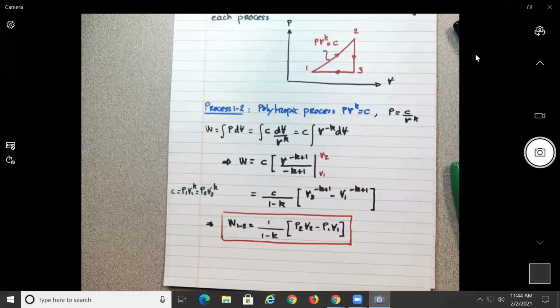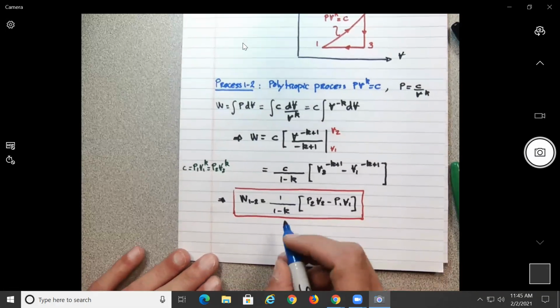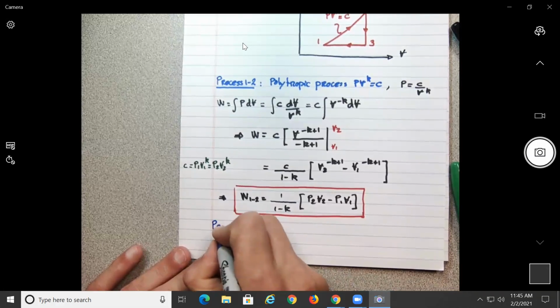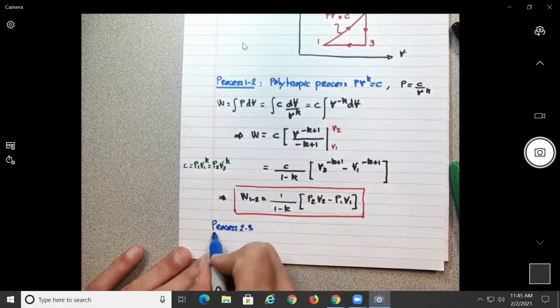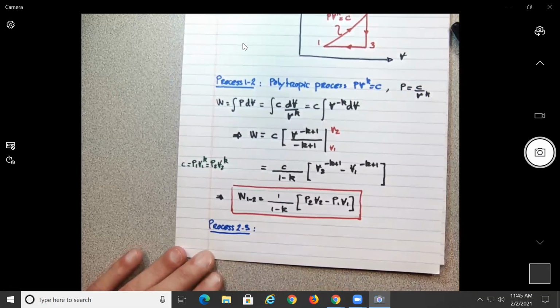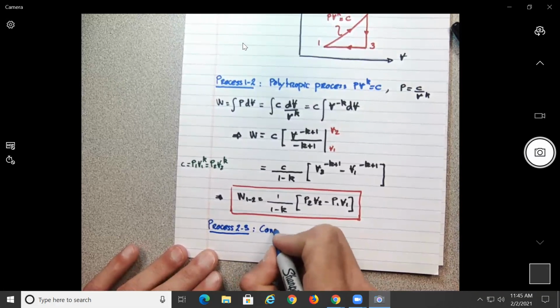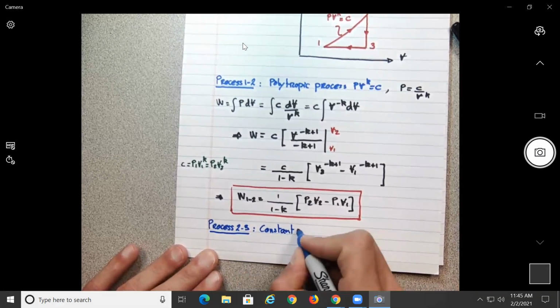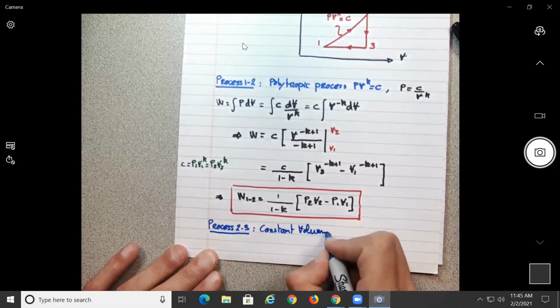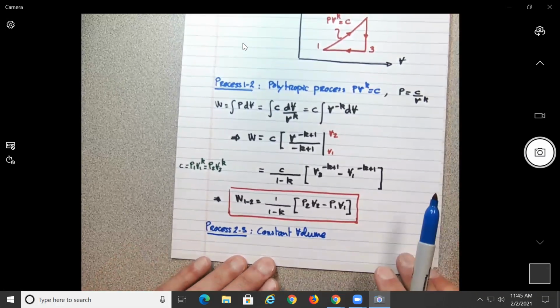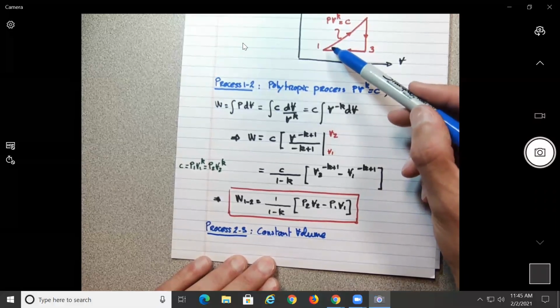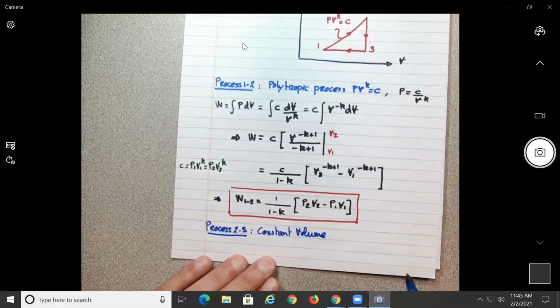Okay, so now we did 1, 2. Let's do 2, 3. This one is going to be very quick. Process 2, 3. What is this process? This process is constant volume. So if you remember, I've been doing figures. What is the work? Is equal to the area under the curve, no?